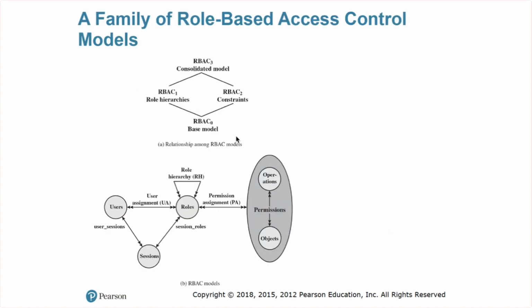So that was about the hierarchies. It's simple, and hierarchies exist in every organization. So basically RBAC 1 is one step up compared to RBAC 0, where there are no constraints or hierarchies. RBAC 1 will have the hierarchies.